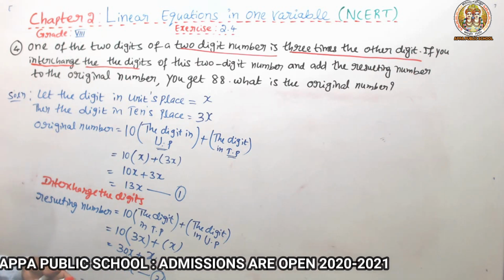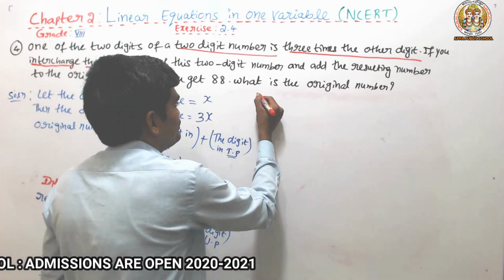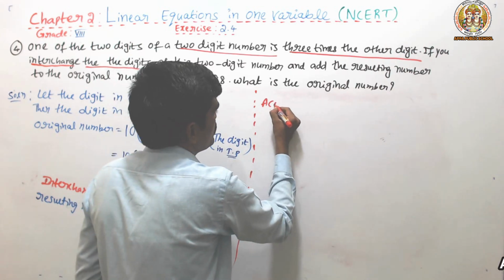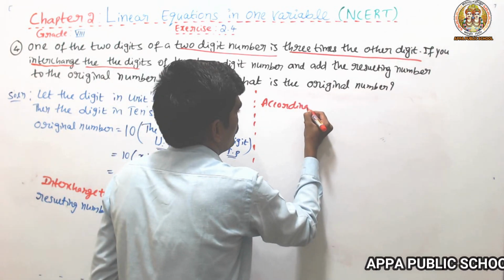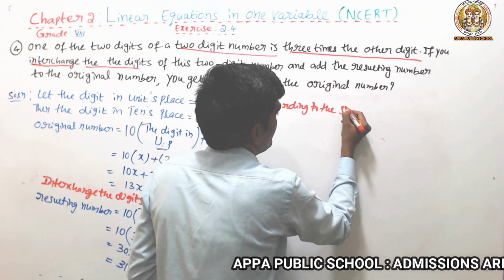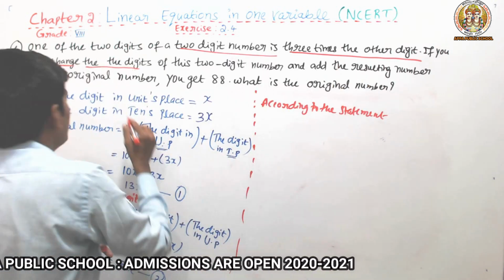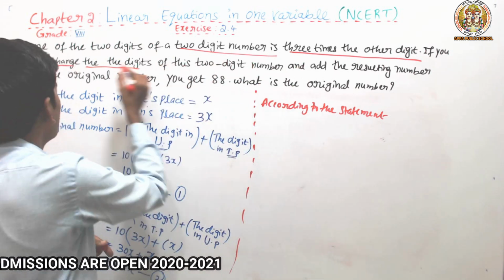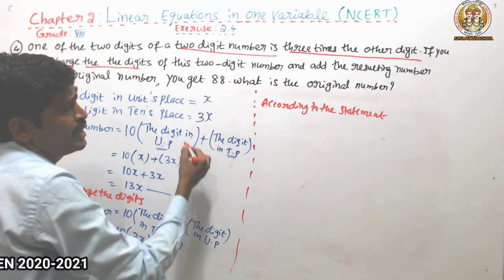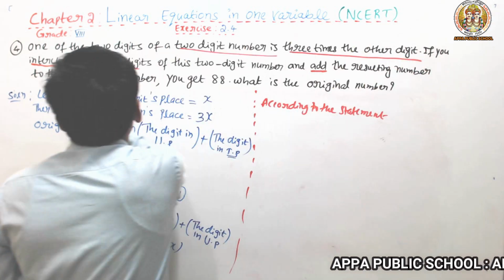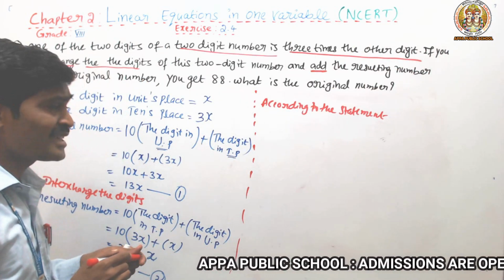Understood, my dear students? Next line, according to the statement. If you interchange the digits of this two-digit number and add the resulting number to the original number. Add means addition.